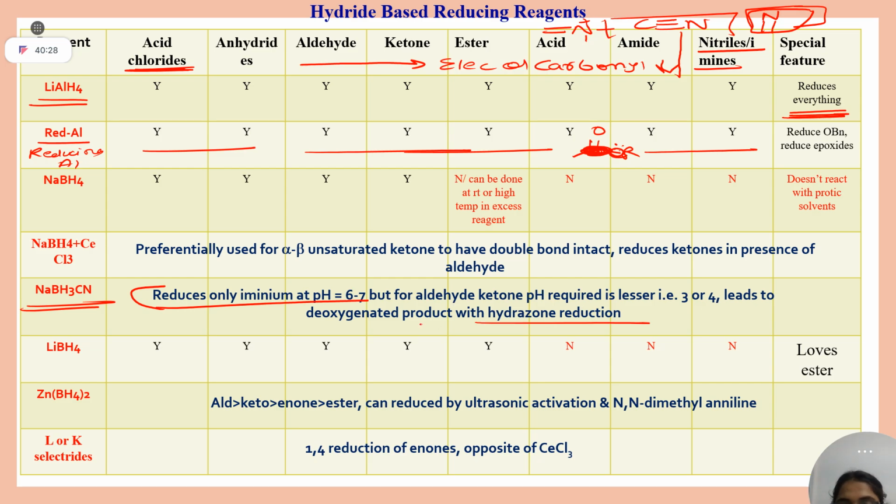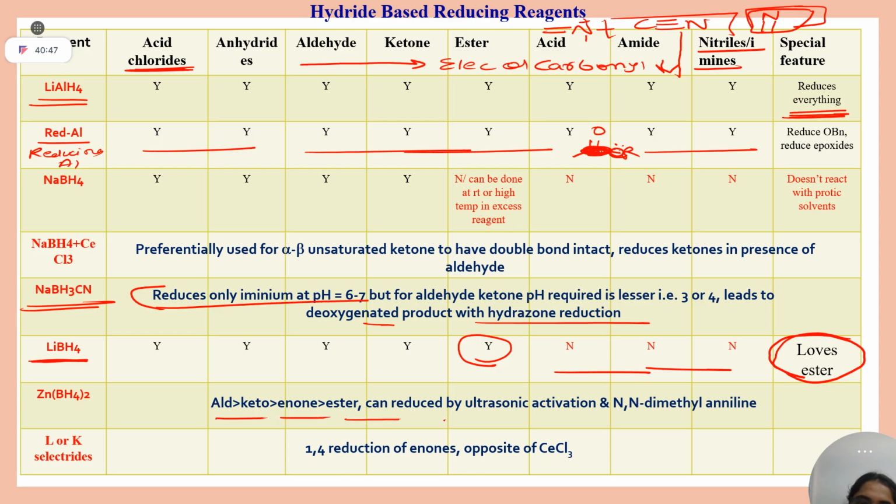Okay. Then comes LiBH4. LiBH4 is specially made for reducing ester in presence of amide and acid. Okay, it has affinity towards ester. Then zinc borohydride. For this the order is aldehyde, ketone, enone, ester. Okay. Then lithium in electrolyte.